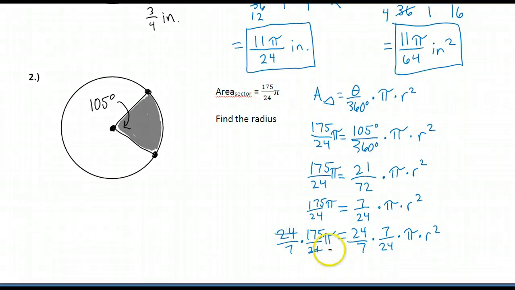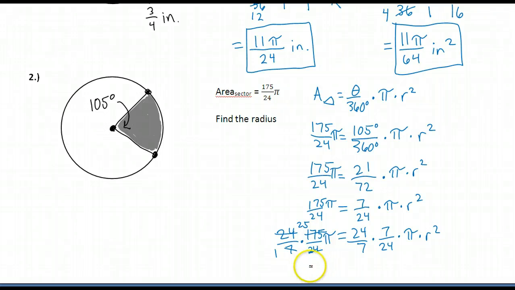24 cancels with 24. 175 and 7 both are divisible by 7. 7 divided by 7 is 1. 175 divided by 7 is 25. If you think of quarters, if you have 7 quarters, you have $1.75.